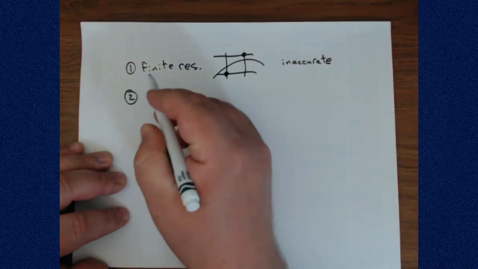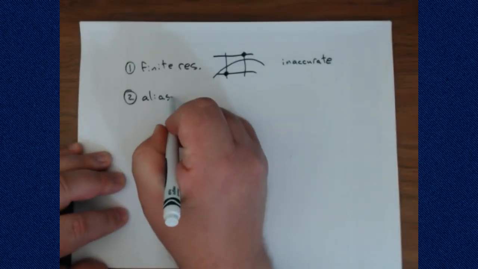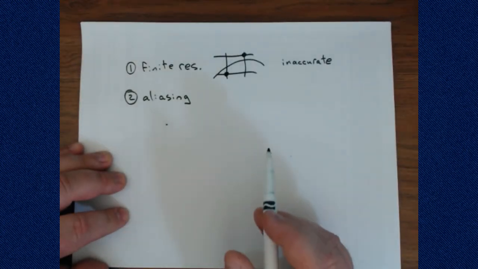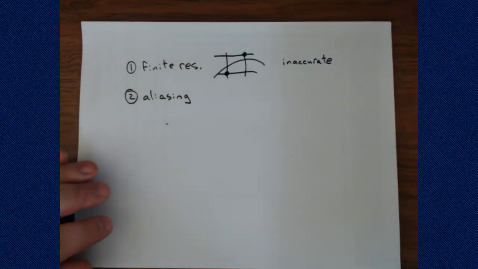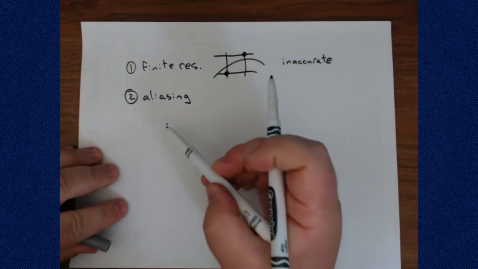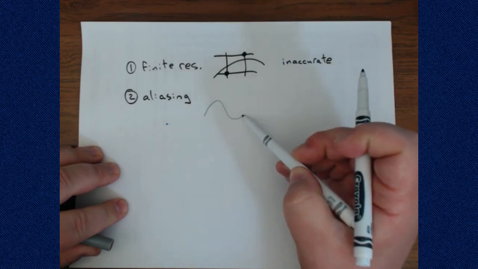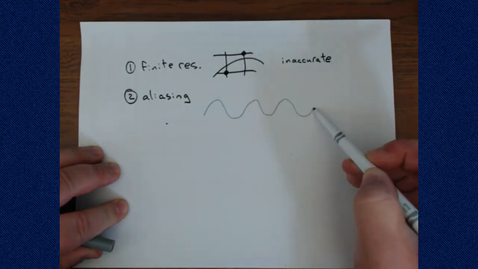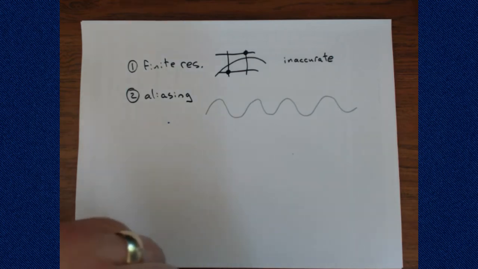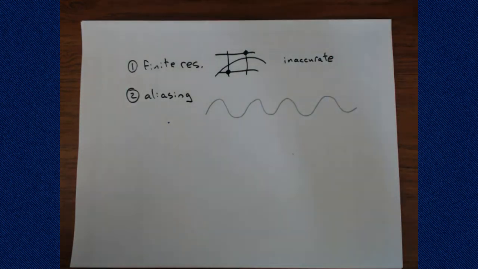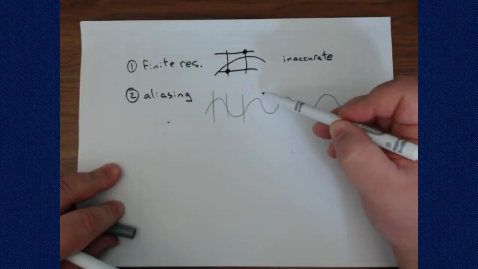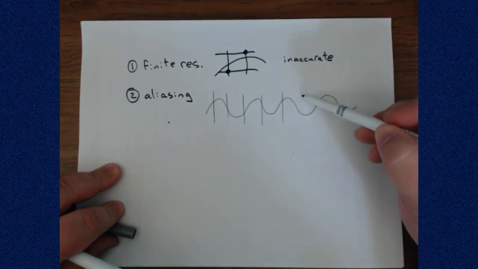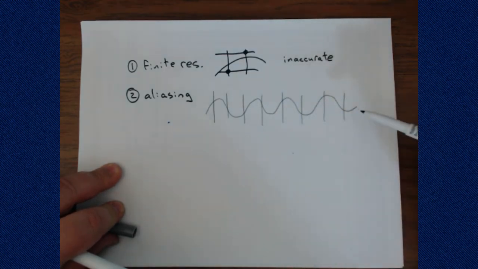The second real problem is aliasing. Right. Now in aliasing, we can get lengthy misrepresentations of data. So we might have a wave that looks like this. Real nice and smooth and regular. And then we come in with the points in time that we want to read this wave. Like so.